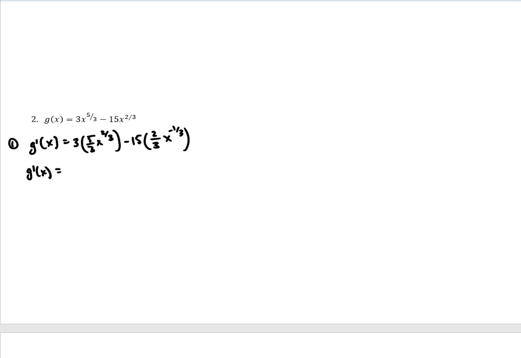So we've got g prime of x is, well, that 3 and that 3 just cancel, so we have 5x to the 2/3. And then we have minus this 15 and that 3 would reduce. So 15 divided by 3 is 5 times the 2 would be 10, and then x to the negative 1/3.